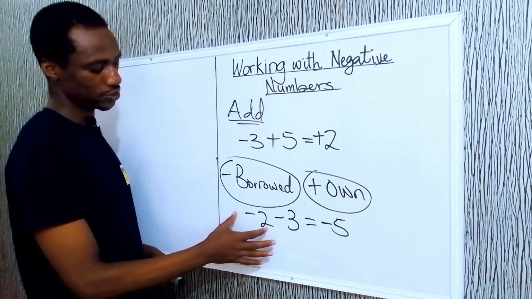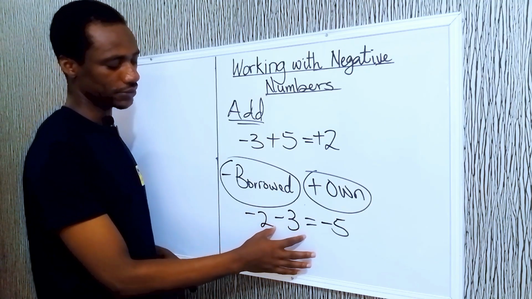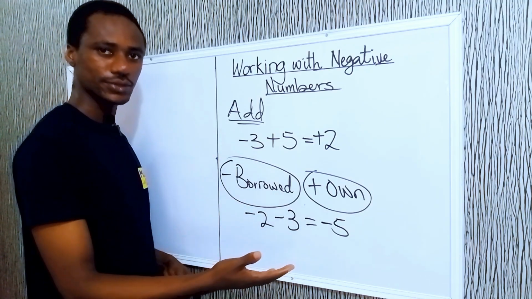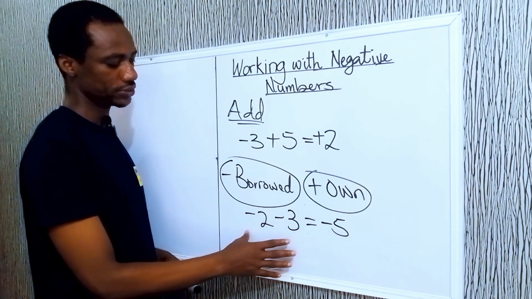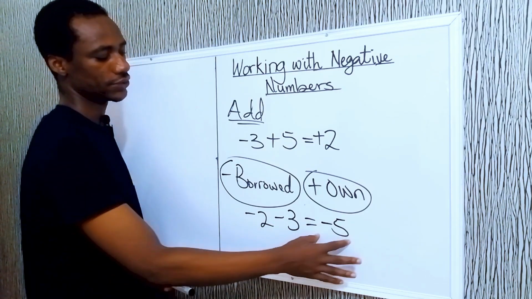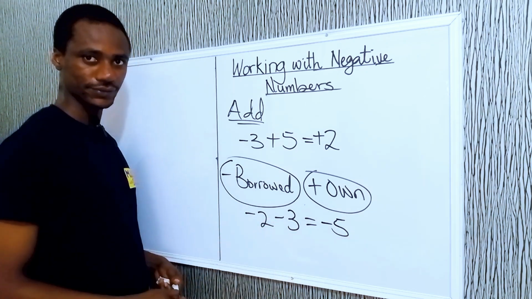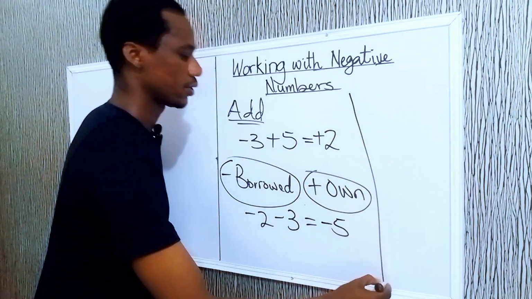You borrowed 2 apples from John, then from James you borrowed another set of 3 apples, making 5 apples altogether that you've borrowed. That's negative 5.